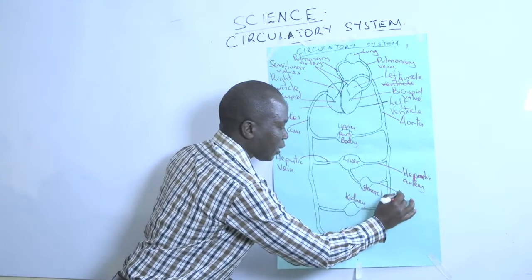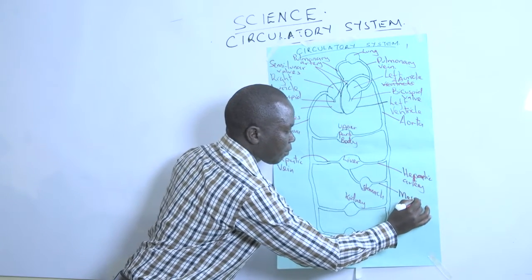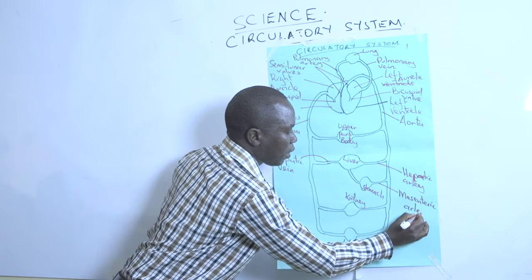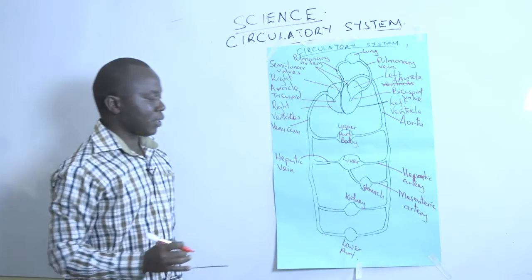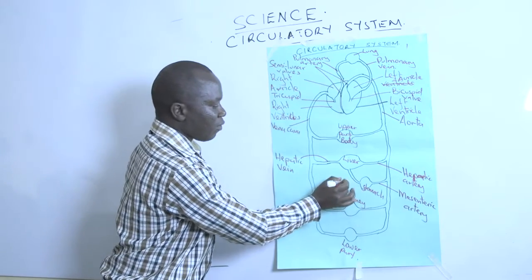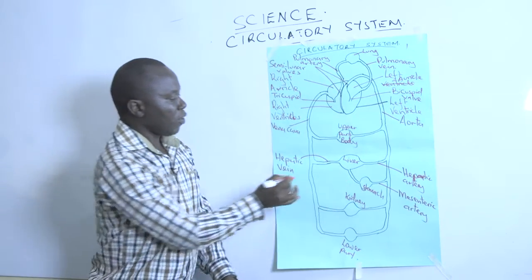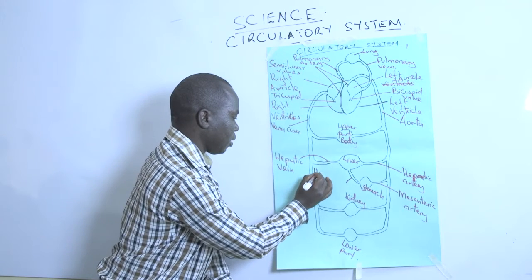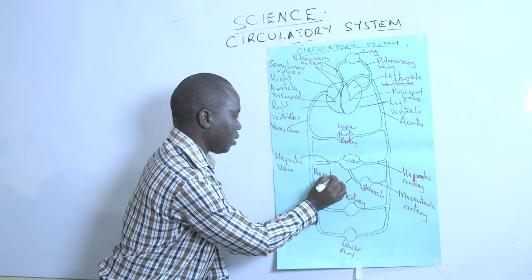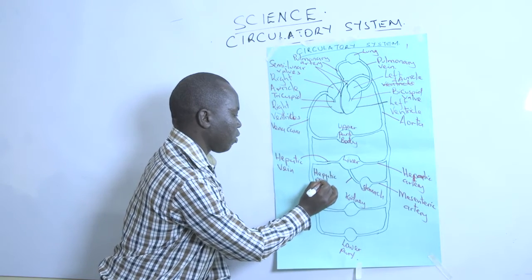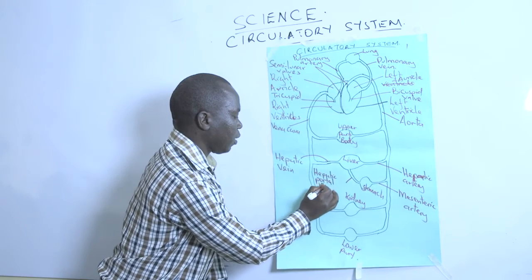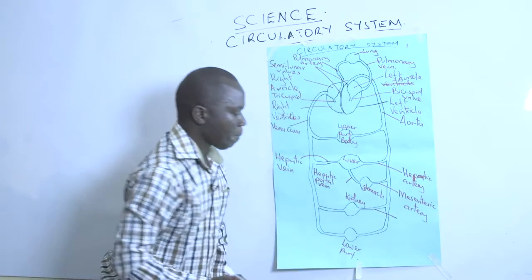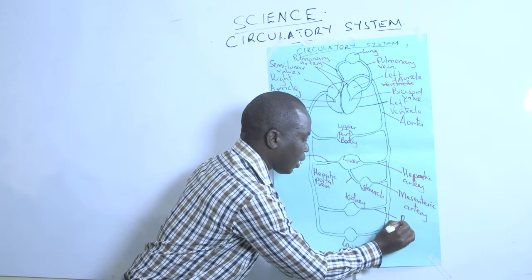We call it the mesenteric artery. We have a blood vessel from the stomach to the liver. It's called the hepatic portal vein. To the kidney is called the renal artery.